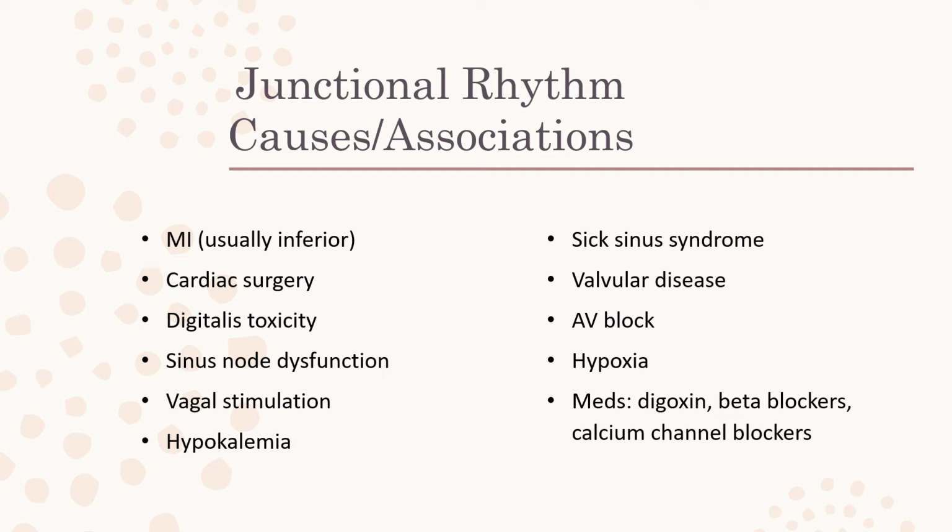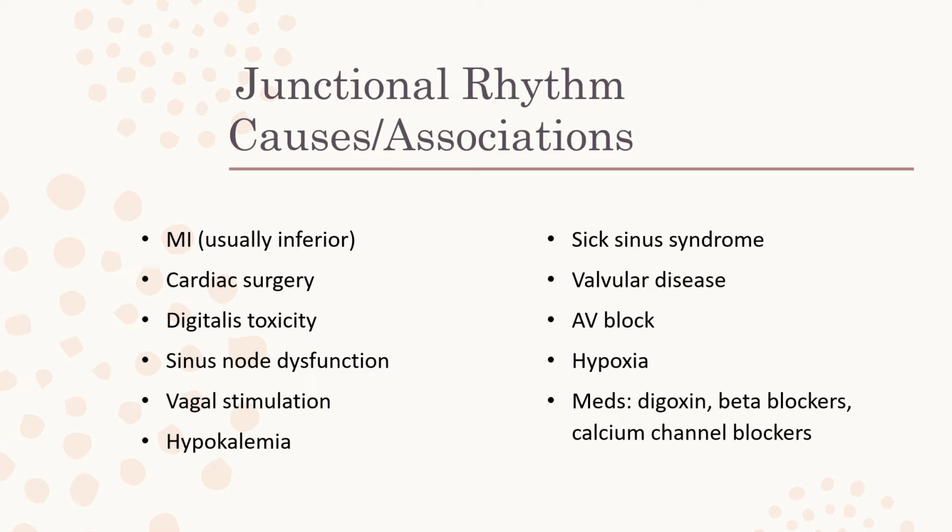So let's talk about our causes for junctional rhythms. Number one cause that we talk about is an MI, and it's usually an inferior MI. And if you think logically about why that is, if you look at the way the SA node is supplied in terms of blood, the SA node is supplied by the right coronary artery, which is typically more inferior.